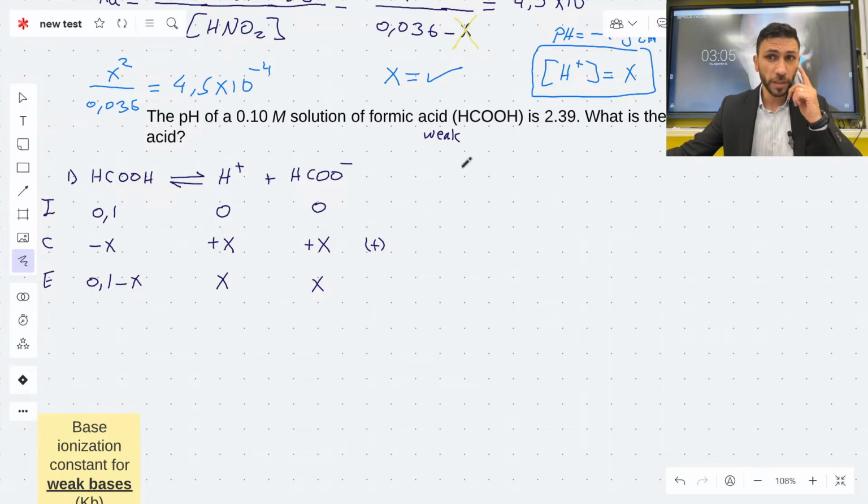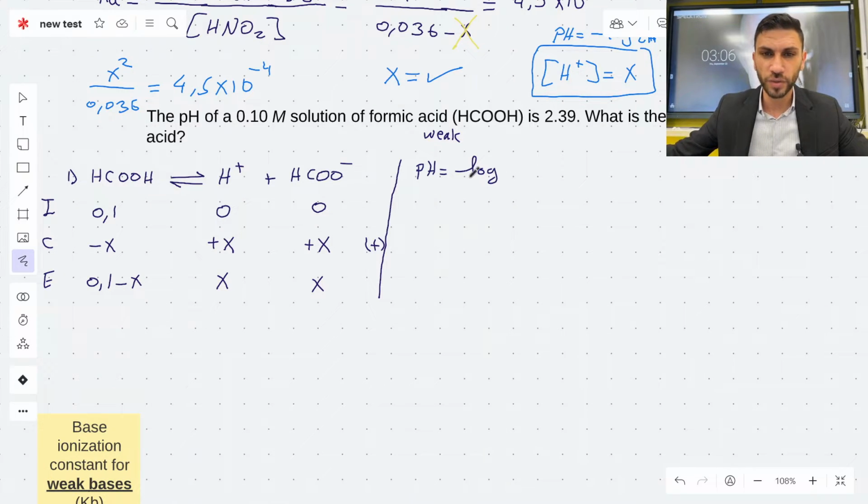Now, here they need the Ka, and we have the pH. From the pH, as you know, we can calculate the H positive ion concentration. So pH equals negative log the concentration of H positive. And that means we can find the H positive by taking the antilog of the pH, which equals 10 to the power of negative pH.